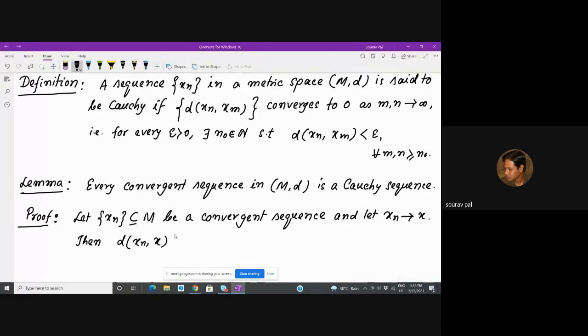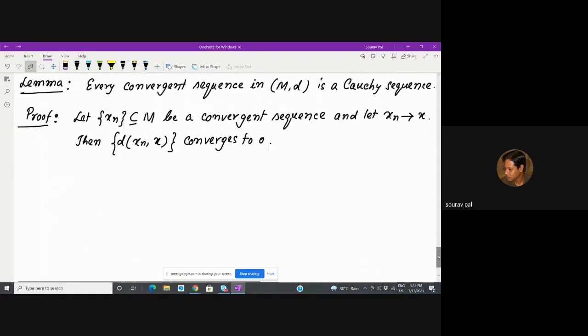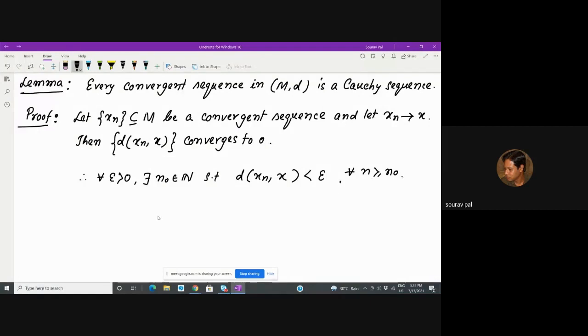The real sequence d(x_n, x) converges to 0, right? So we just deal with our boring machinery: for every epsilon positive, you can find n naught such that we have this.